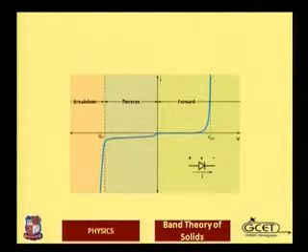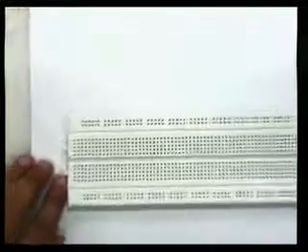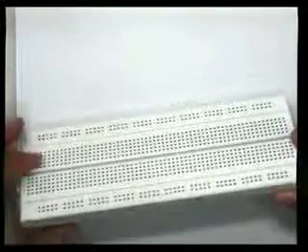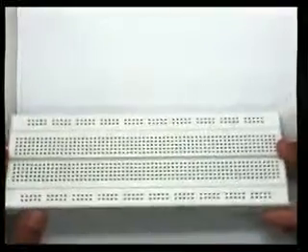As we have seen in the last lecture, we used the breadboard. Those who have not seen the last lecture can see here that it has n number of ports which act like terminals. I'm just making a small repetition here.